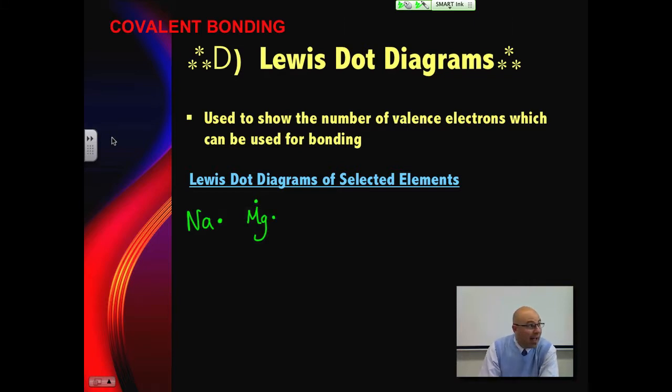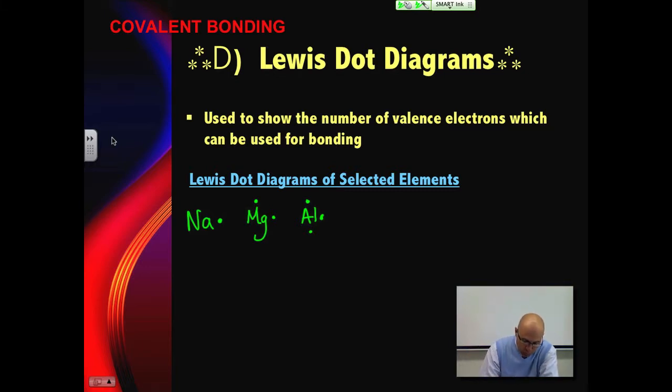The next, aluminum. Aluminum, 3 valence electrons. Okay, so these are our Lewis dot diagrams. Notice that I'm separating them, and I should be separating them because a full set of valence electrons is 8, which means if electrons can be paired, then we would have 4 sets of paired electrons.